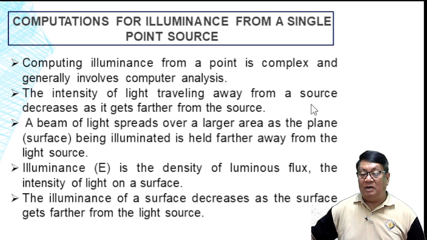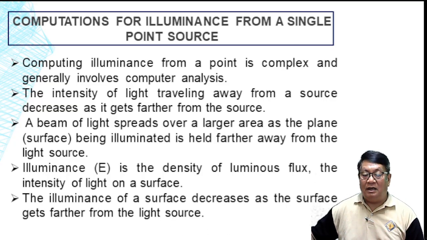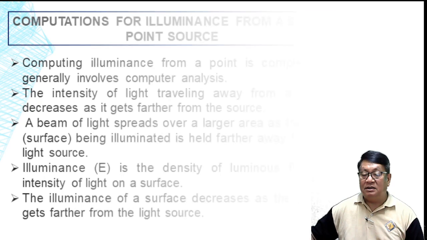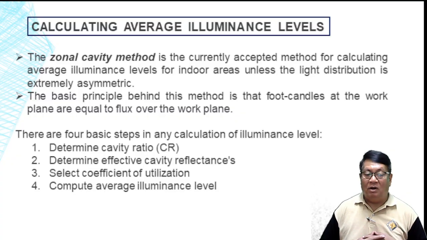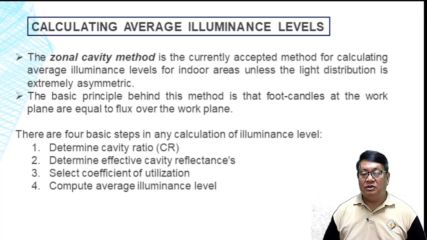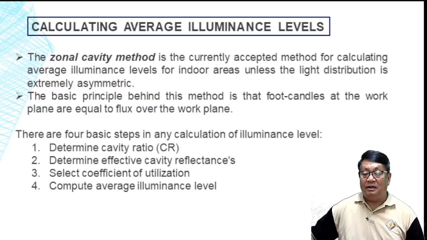The intensity of light traveling away from the source decreases as it gets farther from the source. And then we have this beam, the illuminance, and the surface as we will be working. No? So the zonal cavity method: the basic principle behind this method is that the foot-candle at the work plane is equal to the flux over the work plane.